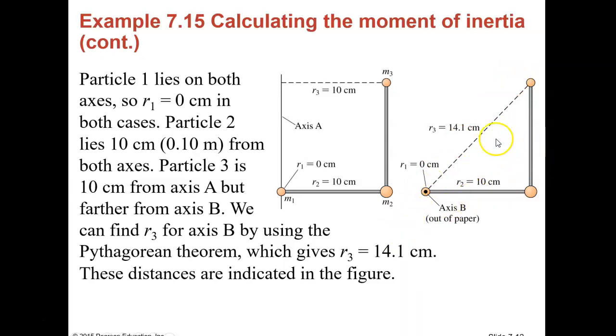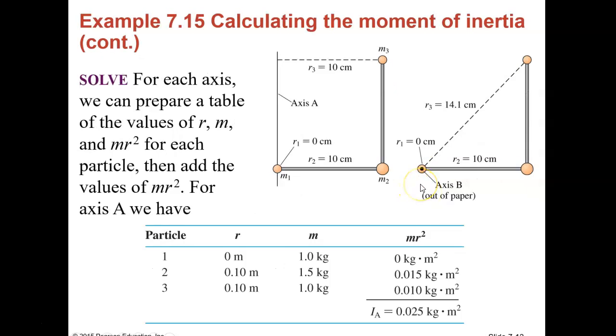10 squared plus 10 squared, the square root of that, is 14.1. So point 3 is 14.1 centimeters from axis point B. So we can make the R1, R2, and R3 for axis A. We have that the moment of inertia is the sum of m times r squared, which is 0.025 kilograms times meter squared.